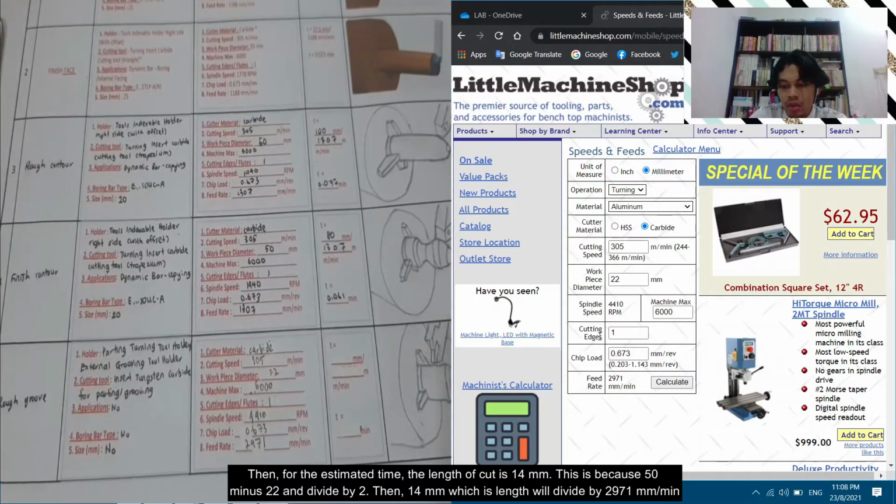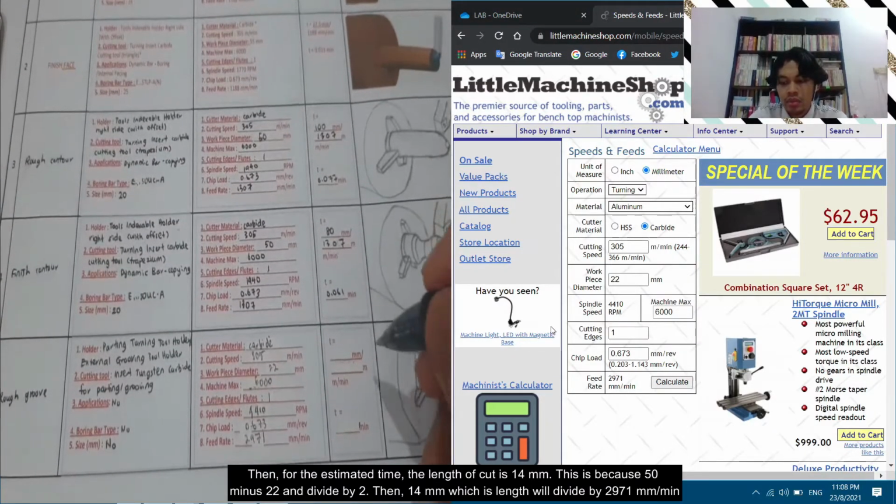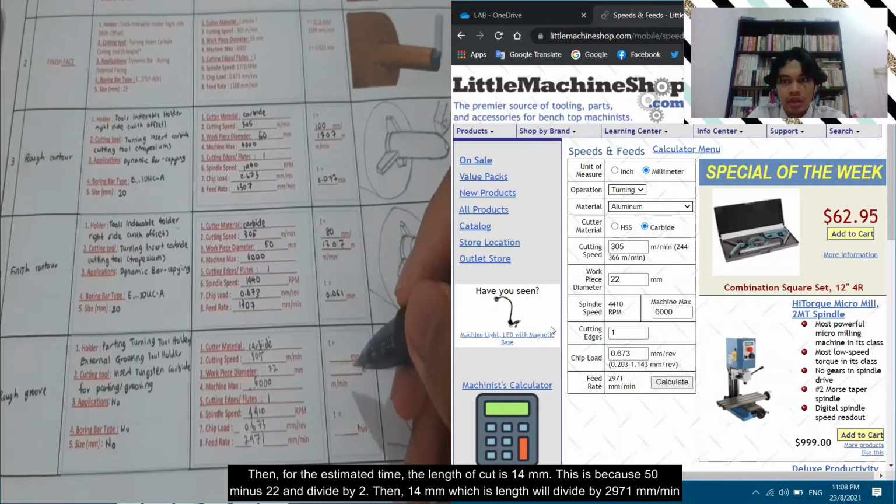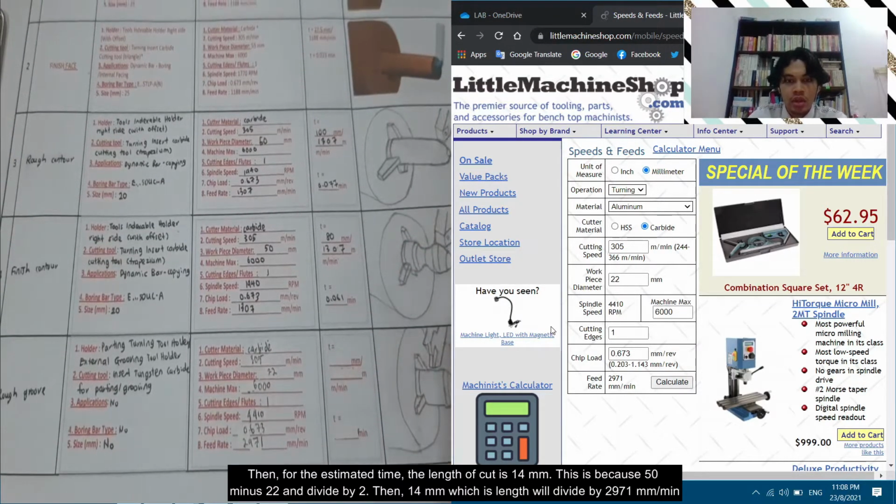And then for the estimated time, the length of cut is 14 mm.